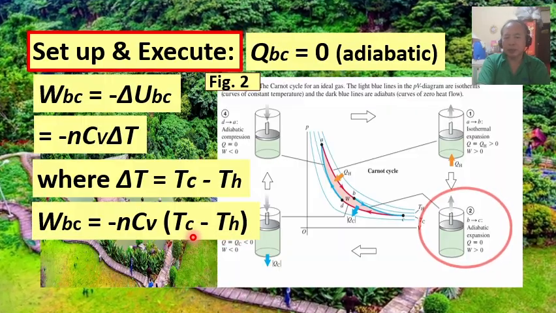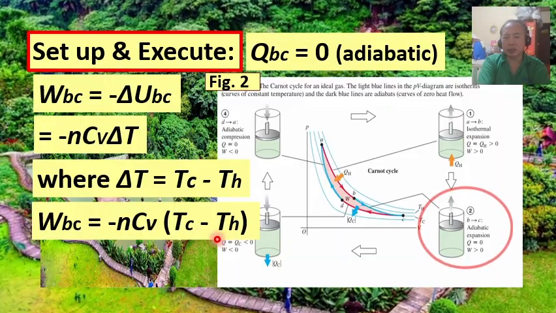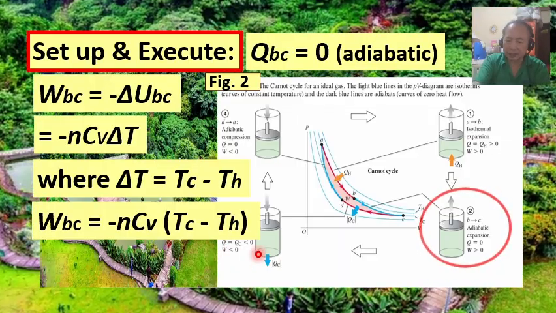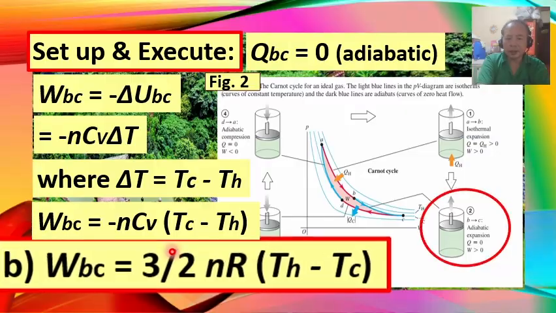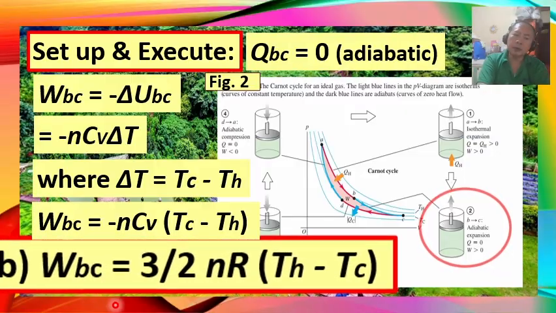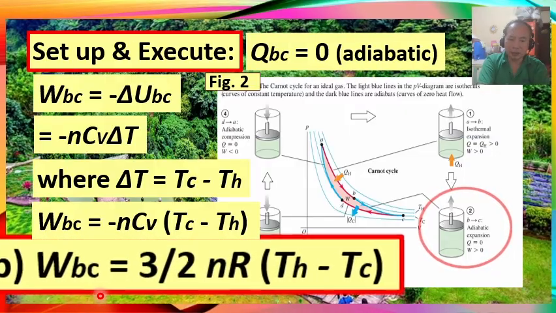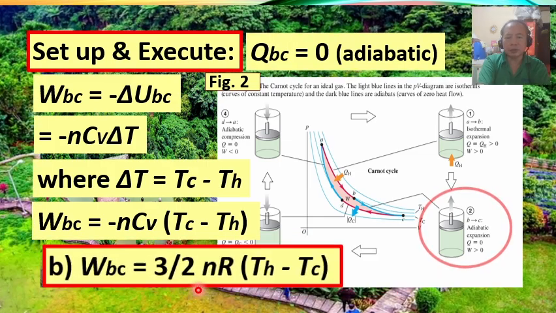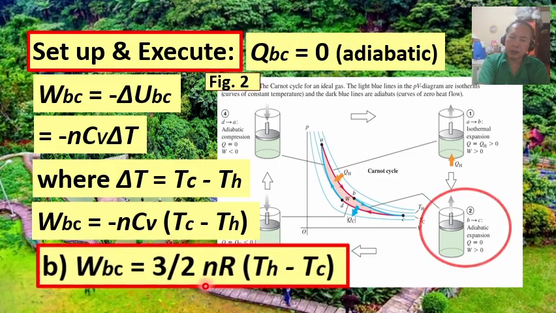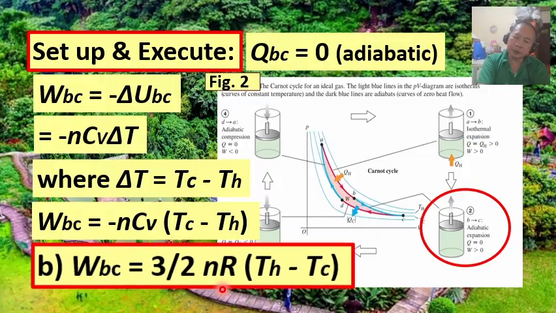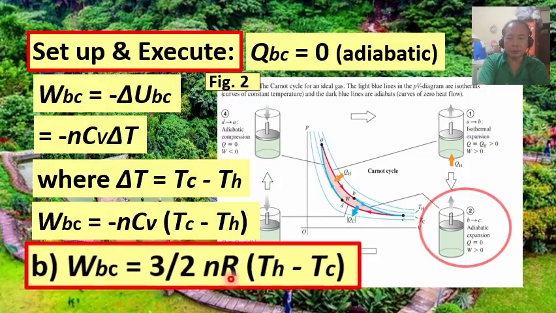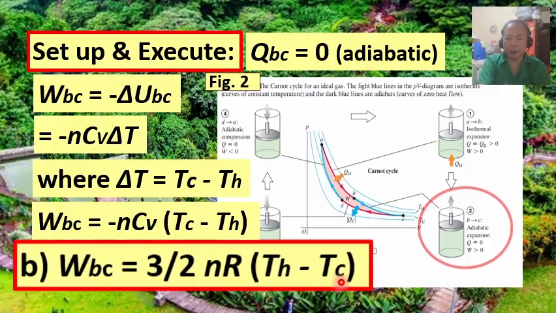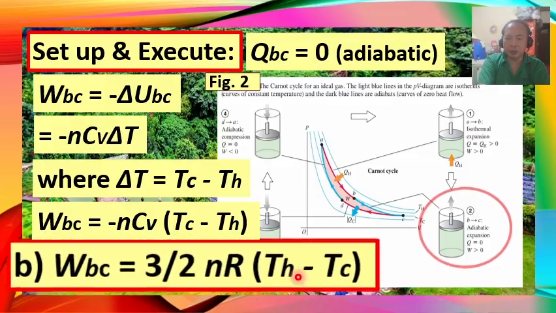Instead of Tc minus Th, it's going to be Th minus Tc. And that is the work done along the path BC, or W_BC, is equal to 3 halves times n times R, multiplied by quantity Th minus Tc.